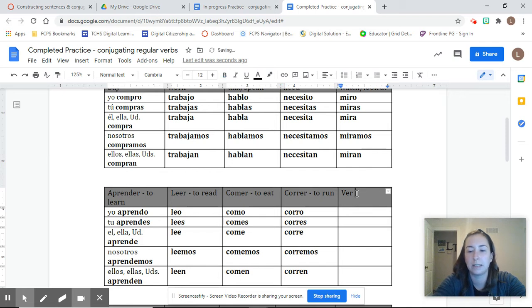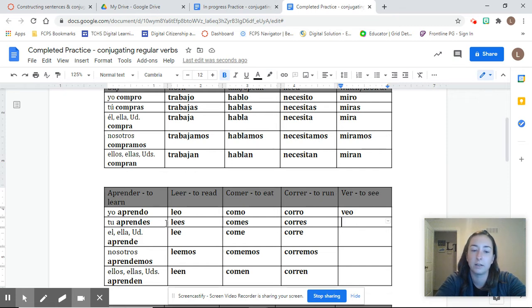Ver means to see. Okay. This one for the yo form is just a little bit different. So you don't actually take the whole ER off. You still have an E left, VE, and then you add the O, yo veo. Then the rest of them are going to follow the normal pattern.